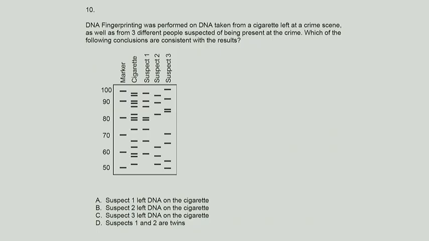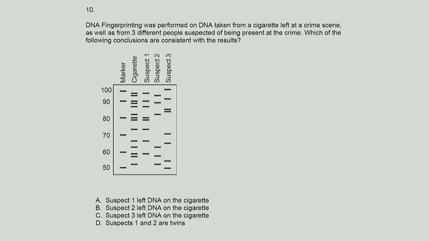Okay, I just want to remind you guys how we're amplifying these, right? What are my primers for the cigarette? What are they amplifying? DNA. What DNA? DNA left on the cigarette.